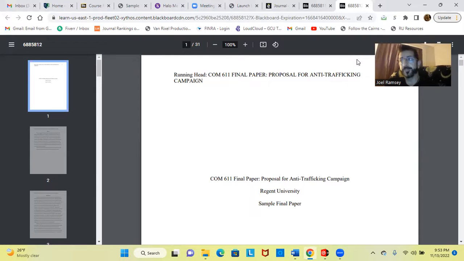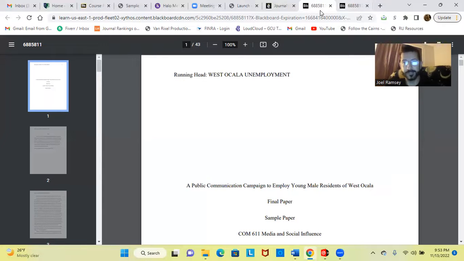If a couple of these papers were my own students', that would be one of the first things that I would advise them: make sure you have a good understanding of APA formatting even before you start the paper. For example, the running head on both papers.